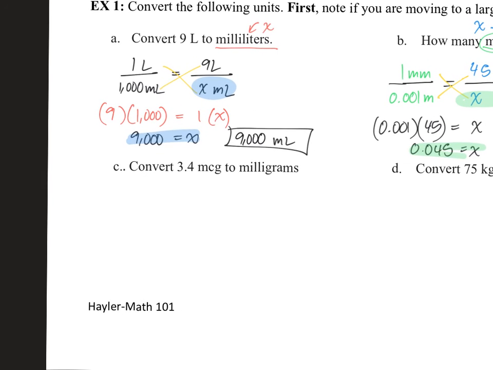All right, let's look at C. Convert micrograms to milligrams. Once again, we're going to look for an equation that ties micrograms to milligrams. Do we have an equation like that? Well, we do. We know that 1 milligram is the same as 1,000 micrograms.